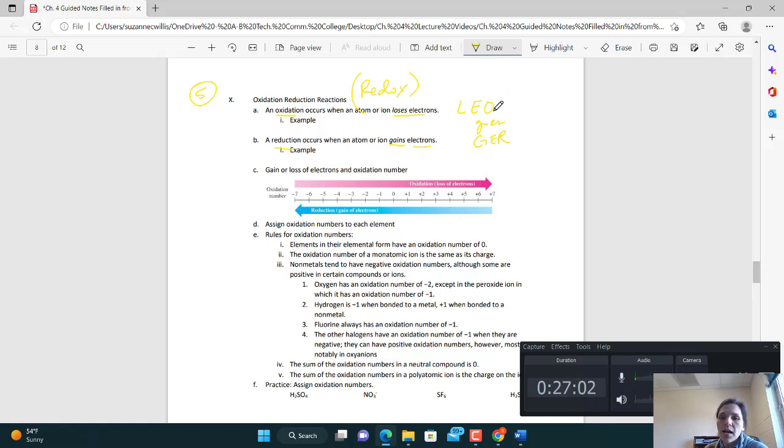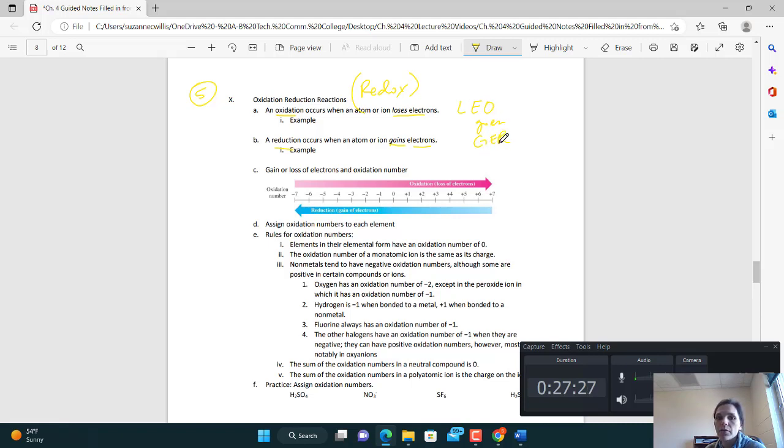Loss of electrons, oxidation. Gain of electrons, reduction. Do you see that? One person's losing, one person's gaining. Everybody with me so far? One person has to lose, one person has to gain. Otherwise, it won't work, okay? And LEO tells me that the one being oxidized loses electrons. The one being reduced gains electrons, okay?